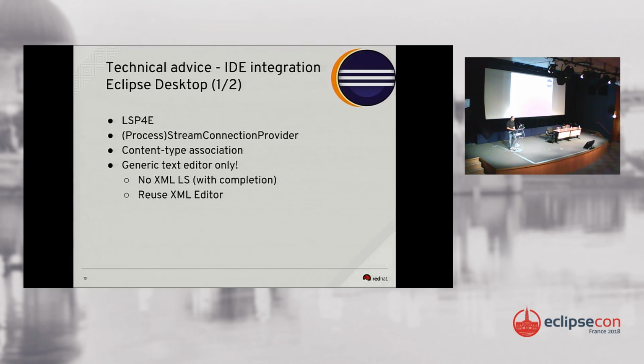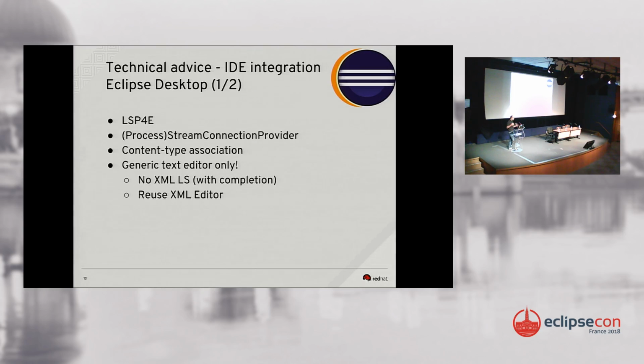I will go more in details for when you write your client for the Eclipse IDE. For the server part, the keyword is LSP4J. For the client and Eclipse, it is LSP4E, LSP for Eclipse. It is the dependency that you need to use the language server.